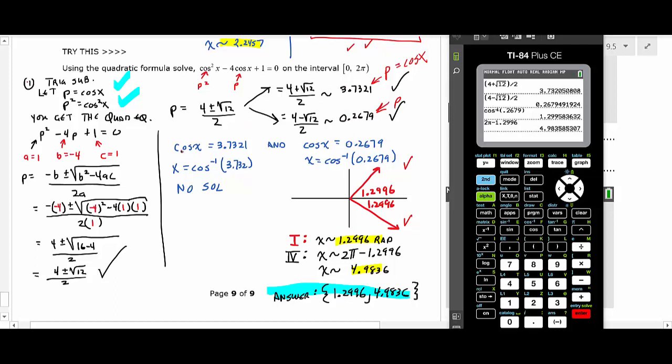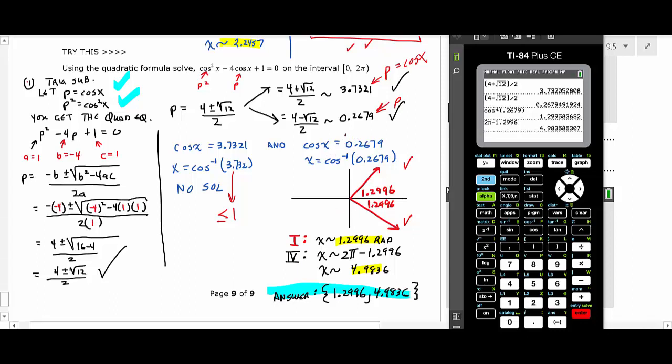What will happen is when you do the inverse cosine of 3.7321, that's no solution, because that number has to be less than or equal to 1. It can't be bigger than 1. And then this one, when I did the inverse cosine, I got 1.2996. I rounded it to 4 decimals.